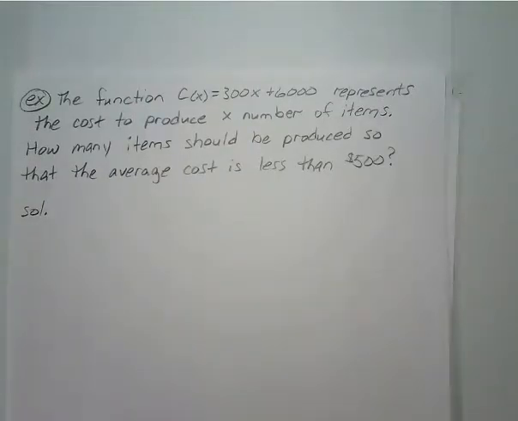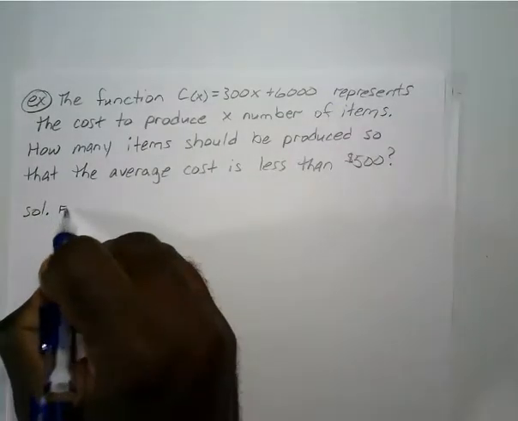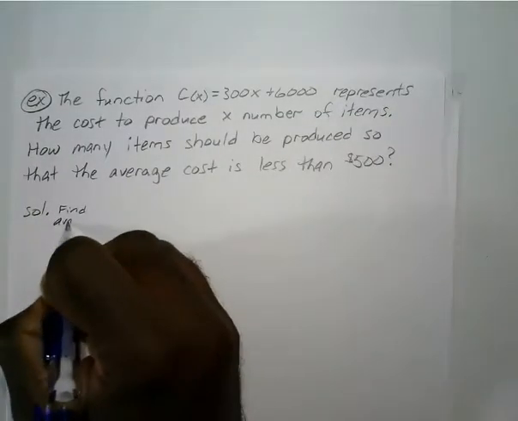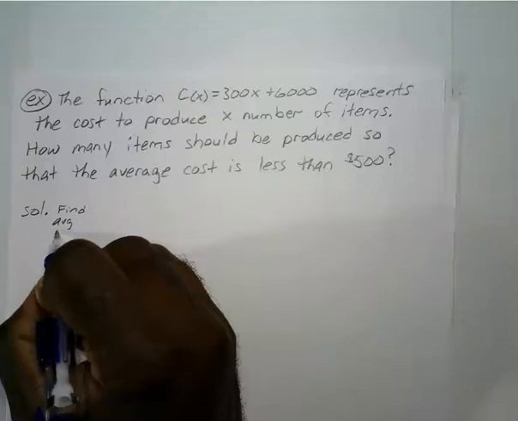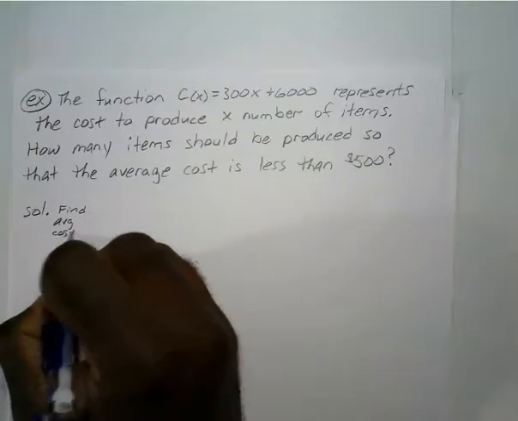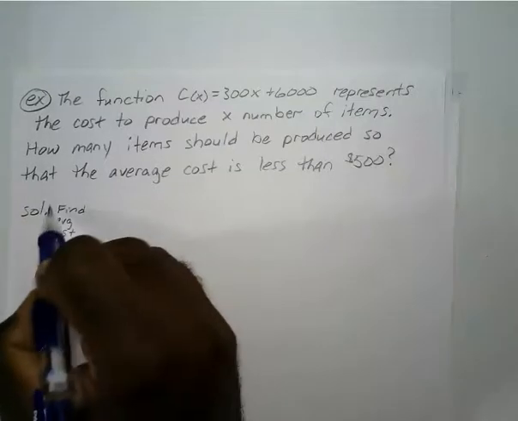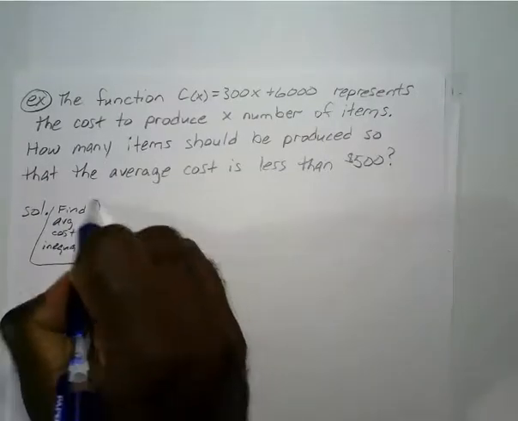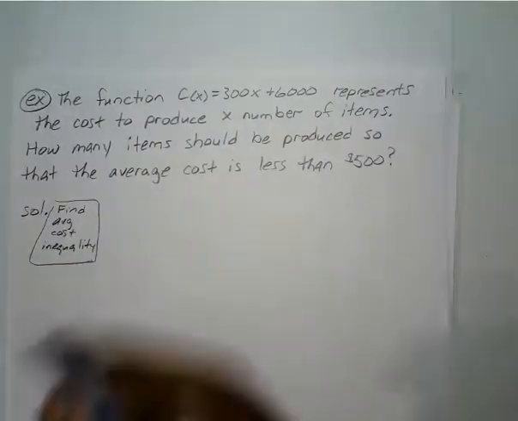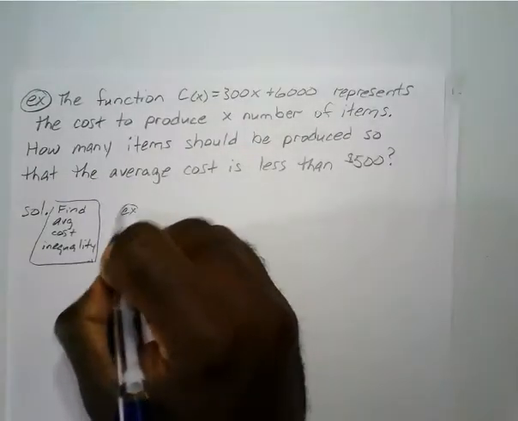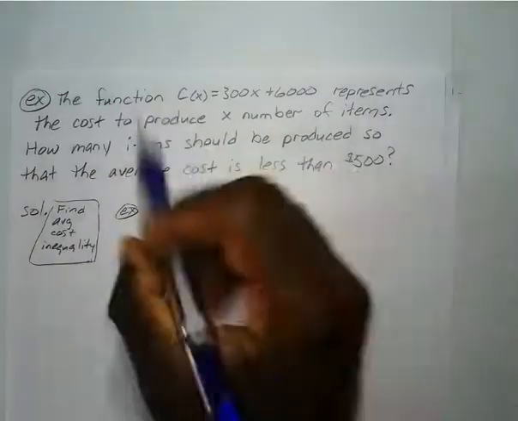Now the first thing you want to do is find the average cost inequality, or basically just the equation that you're dealing with. If you remember, this is just an example.